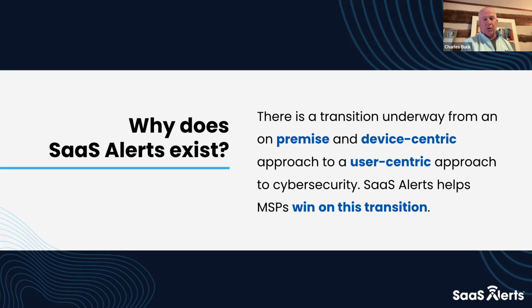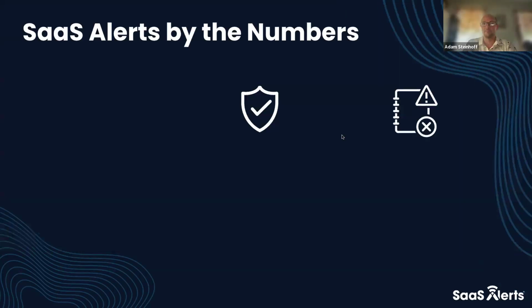Both have always been important, but we believed, based upon some other businesses that we were running, that account activity and a user-centric approach to cyber security was going to become more prominent and more prevalent. And our goal is to help MSPs win on that transition.